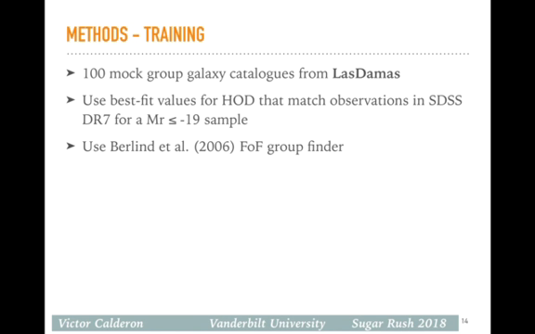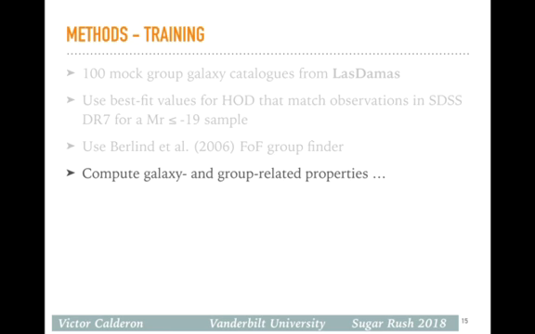We use the best fit values for HOD that match observations in SDSS, specifically SDSS 07 for the minus 19 R1 absolute magnitude volume limited sample. We also perform group finding using the Berlin 2006 Friends of Friends group finder. And later we compute galaxy and group related properties.